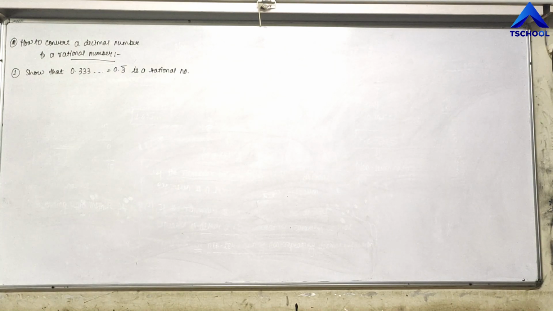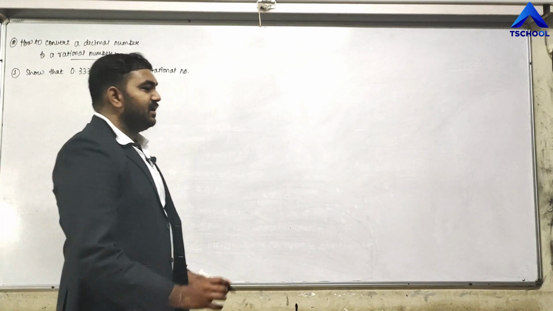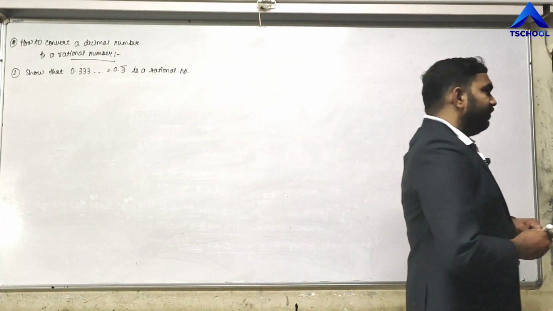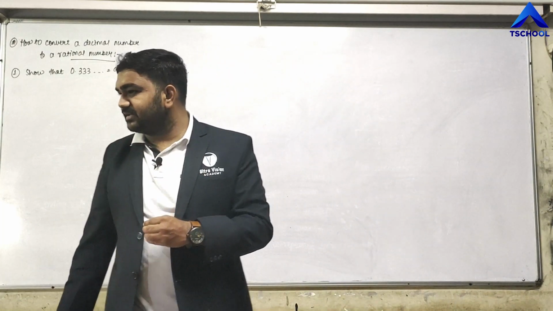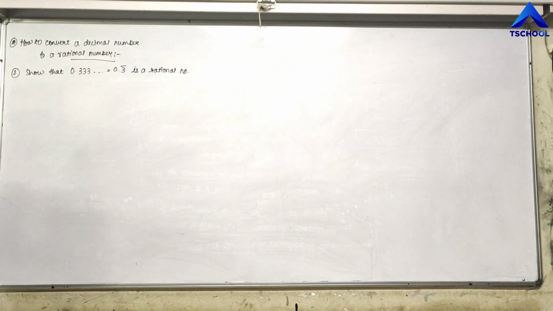If I show that this is a rational number, that means this is actually the decimal expansion of a rational number. Yes or no? Now, how to show that this is a rational number is very easy. Don't complicate it. It is quite an easy format, but you need to learn some steps to perform this.